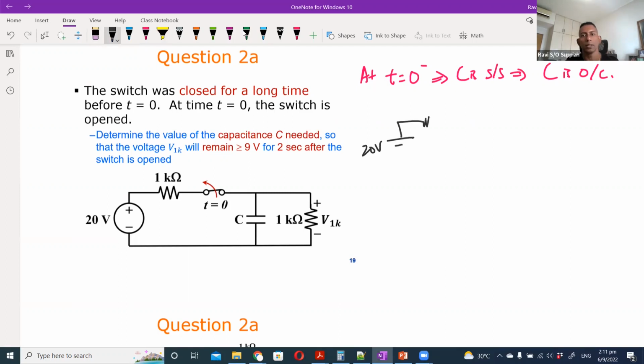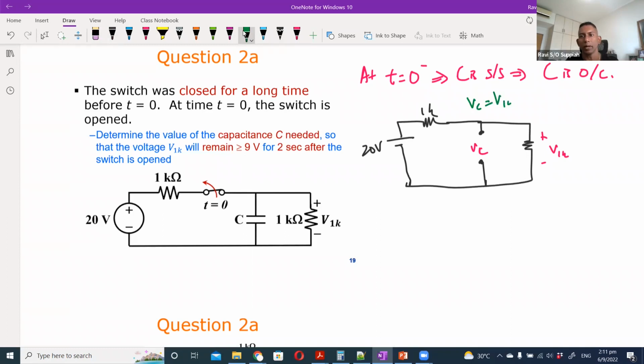20 volt here, 1K here. So this is how the circuit will look. This is your VC and this is your V1K. Since the capacitor is open circuit, VC is equal to V1K.